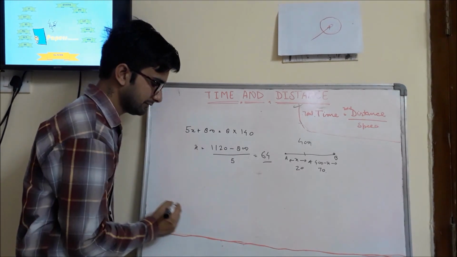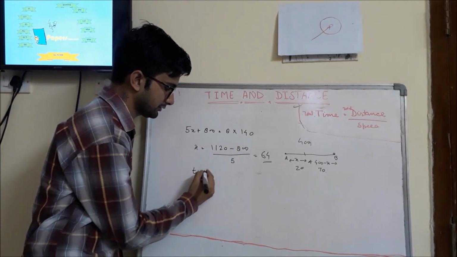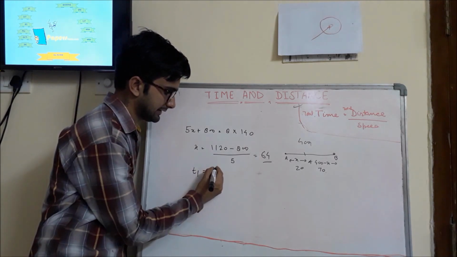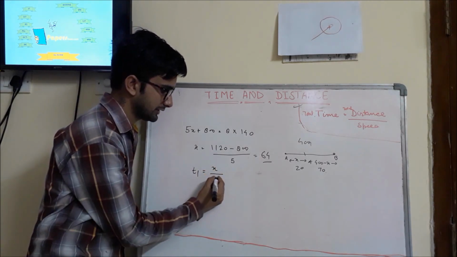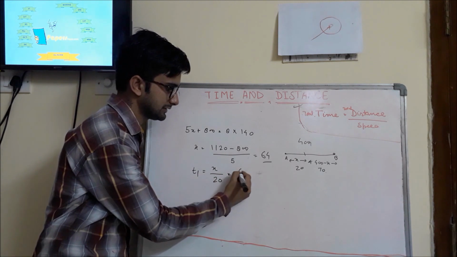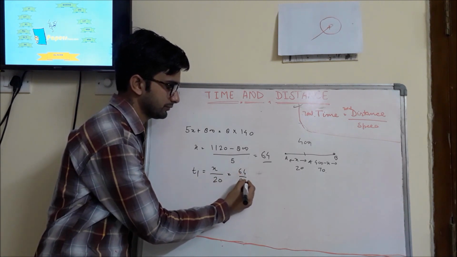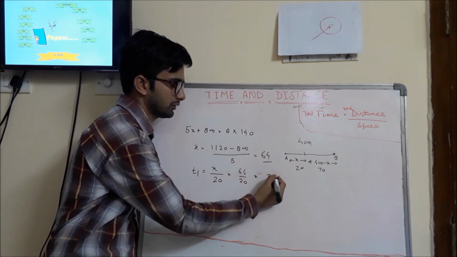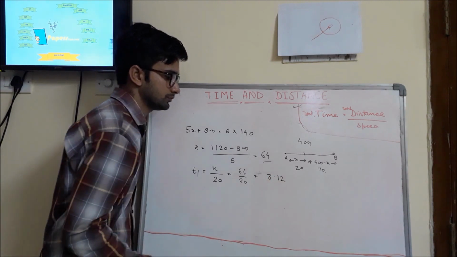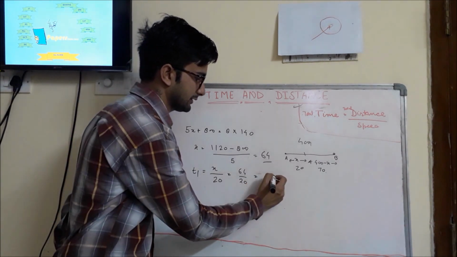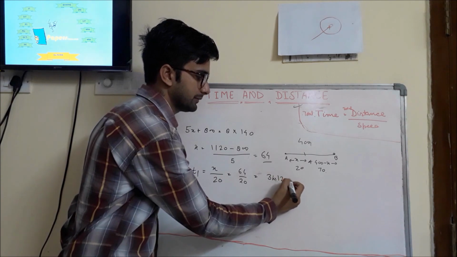So the time will be, we apply the first formula: time is distance x divided by speed 20. So it will be 64 divided by 20, which is 3.2, that is 3 hours and 12 minutes.